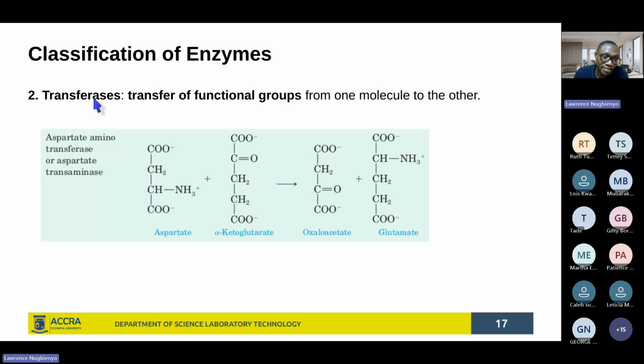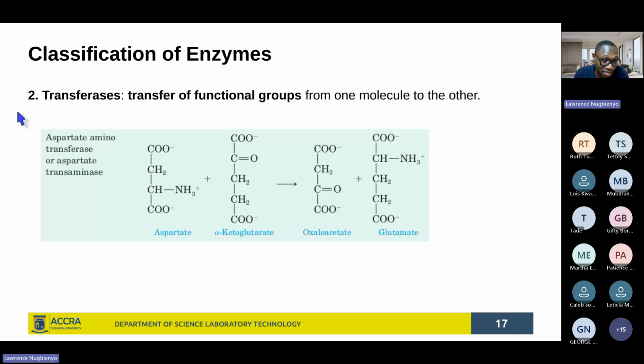So you have an example of the enzyme aspartate aminotransferase. So the name tells you aspartate becomes the substrate. Aminotransferase, so amino, so it will be transferring an amine group.